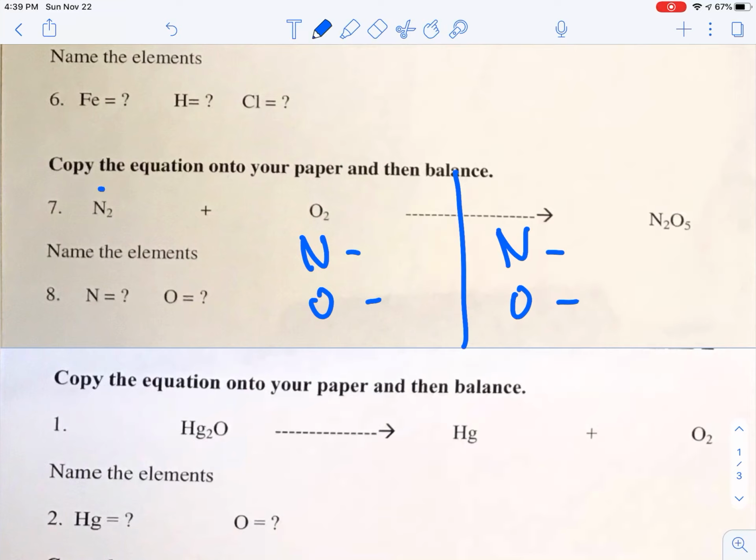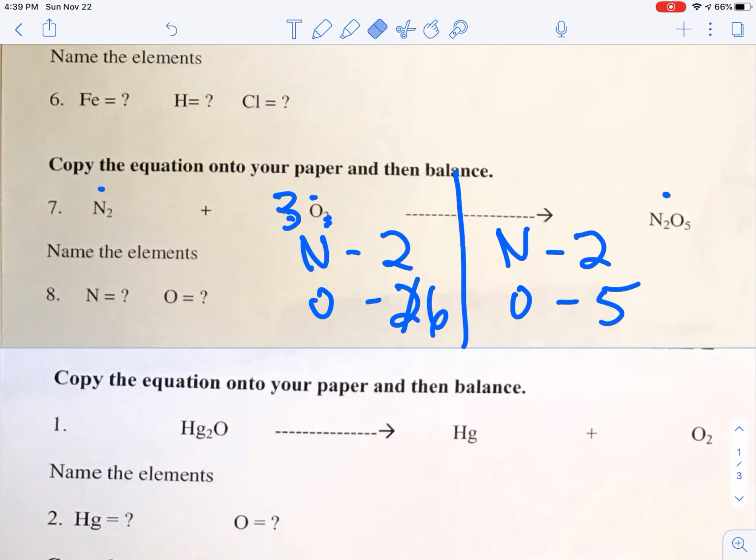Right here we have 2 nitrogens and we have 2 oxygens. Over here we have 2 nitrogens, but we have 5 oxygens. So here's one of the keys: you always multiply. If I put a 3 here, that's not 3 plus 2, that's 3 times 2. That would make 6 oxygens, and that doesn't balance.